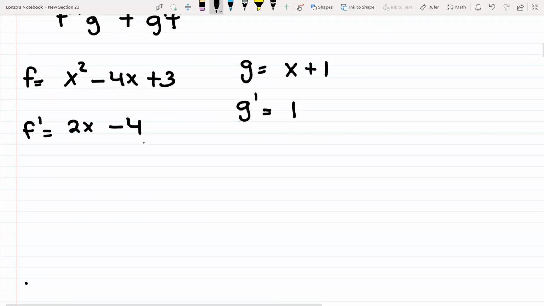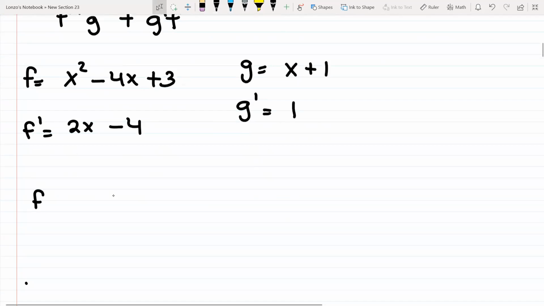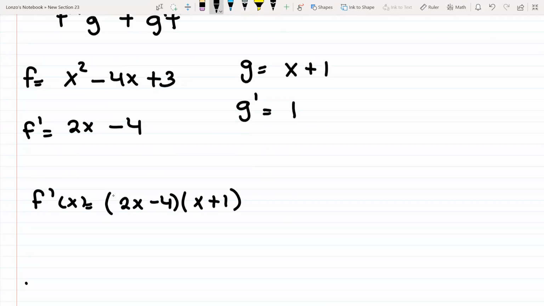So just use the product formula, and f prime of x is going to be f prime, which is 2x minus 4, times x plus 1, plus g prime, which is 1, times x squared minus 4x plus 3.